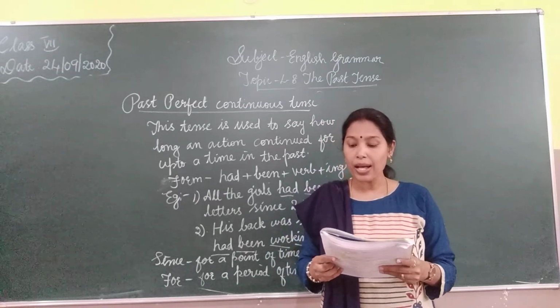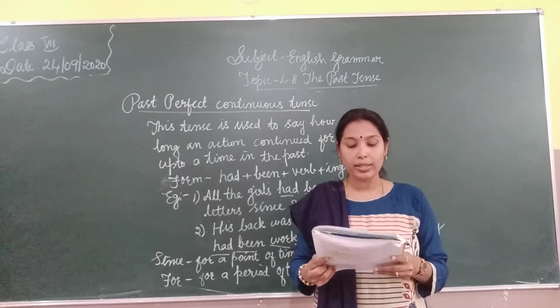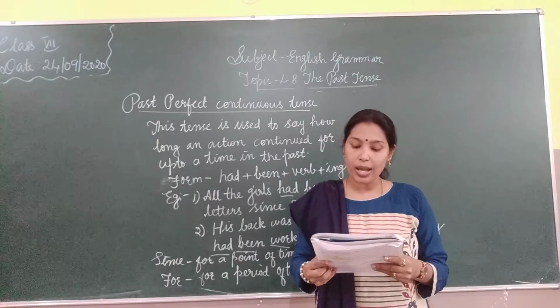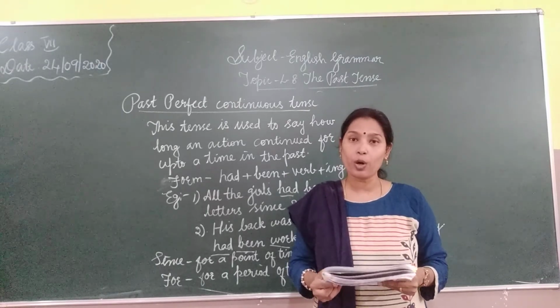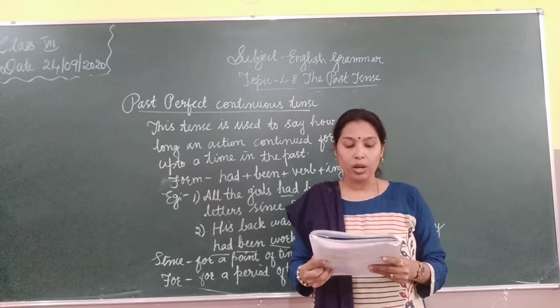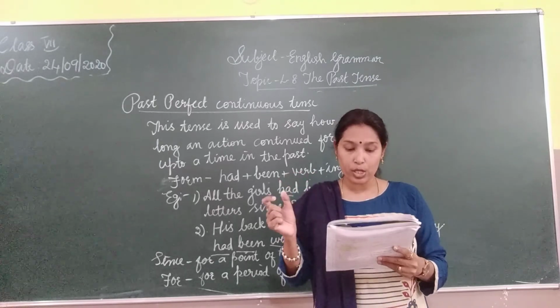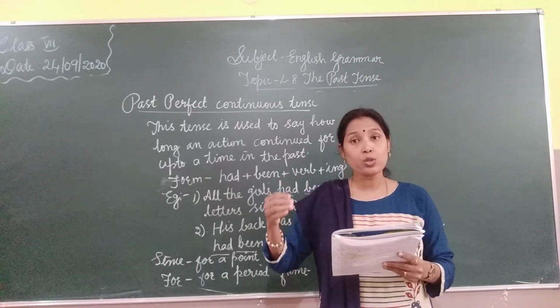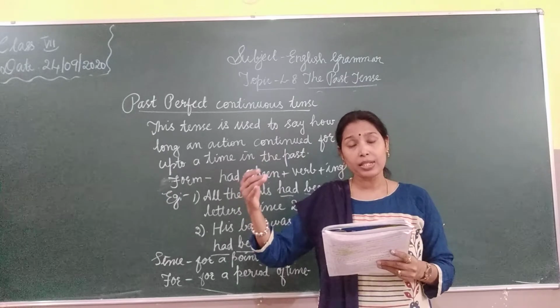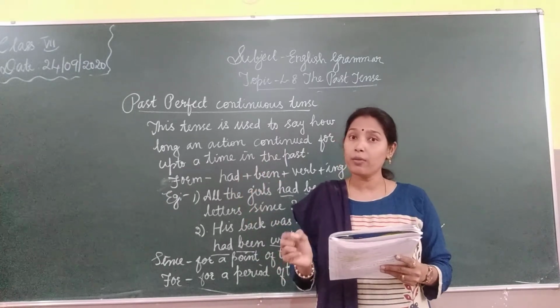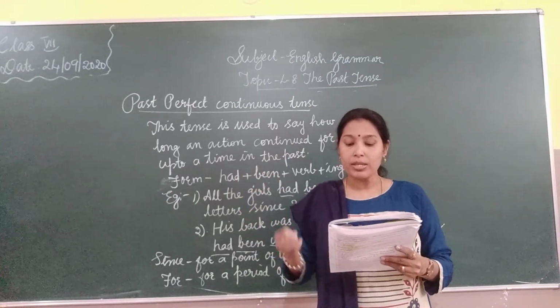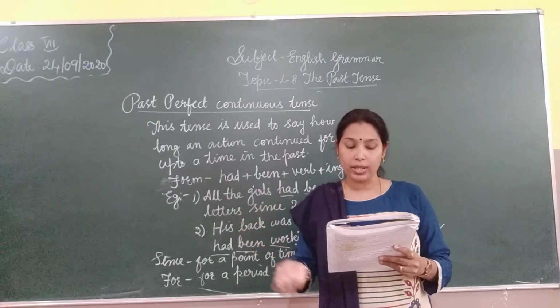Especially with the past perfect tense to indicate the time period during which the action had continued or been going on. Since is used for a point of time. Example, since 2015. From that time till now. For that we will use since. Since morning, since last week, etc.